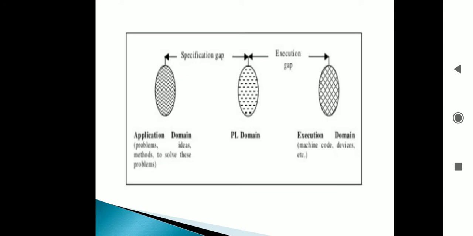In this arrangement, the gap between the application domain and the PL domain is a specification gap. What is specification gap? It is the semantic gap between the application domain and the PL domain. It can also be defined as the semantic gap between two specifications of the same task.